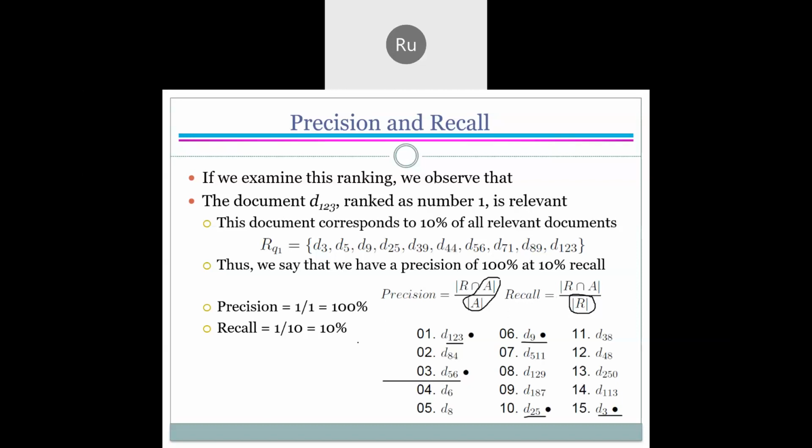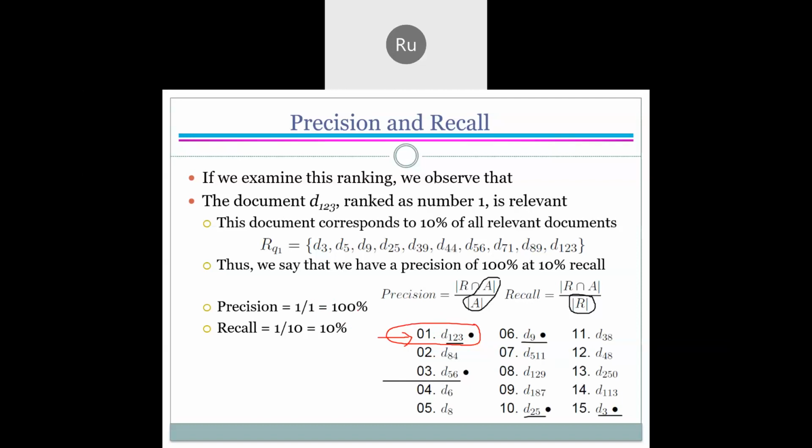So if we are at this position here, only looking at this position returned to you, that means your precision will be 1/1, because we have one relevant document and only one returned answer.